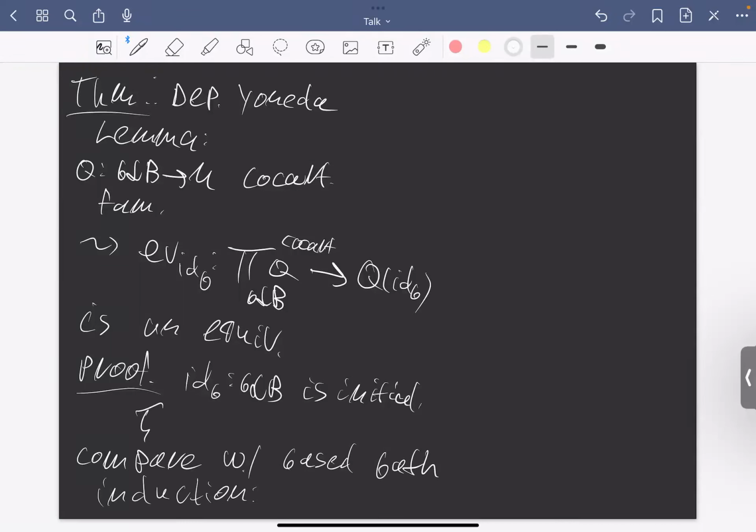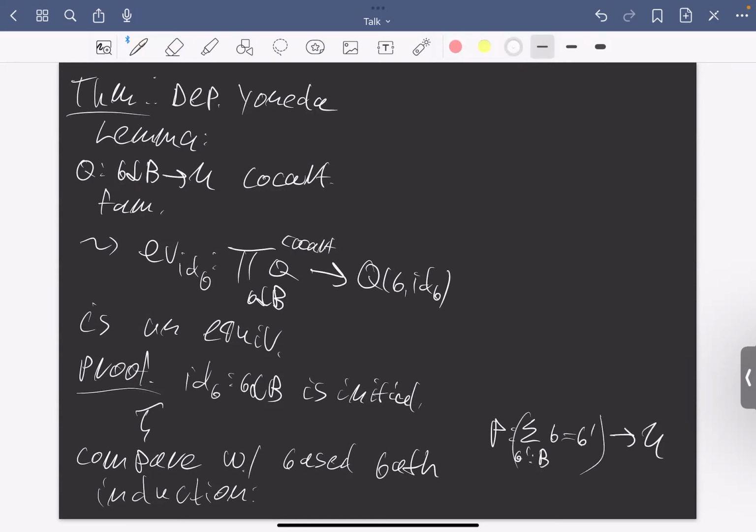It generalizes the original path induction principle, because I guess I should add B here, because this looks like you have a type family from, I guess, paths from B to B prime.